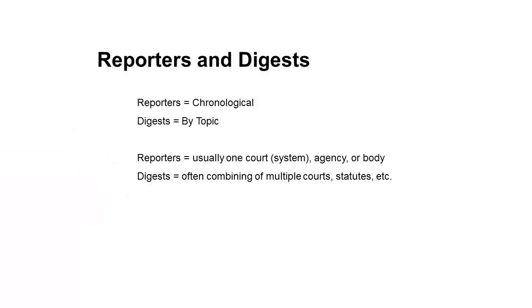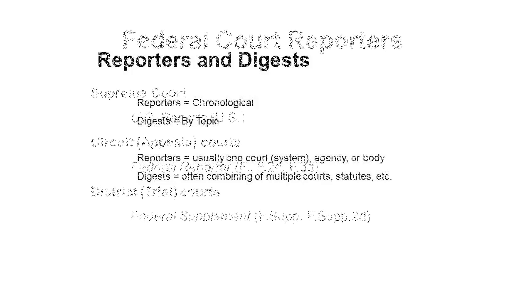For example, there is a series of books called U.S. Reports, which is where the Supreme Court decisions are listed chronologically. Okay, and so again, that's only the Supreme Court. But then when we look at a digest, like our book, for example, our book contains Supreme Court decisions and also various federal court decisions and even state and local court decisions. So that's reporters and digests.